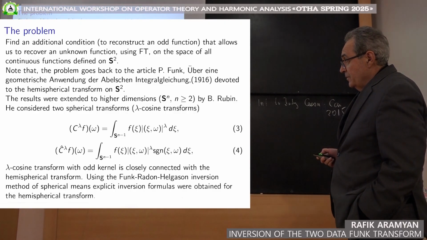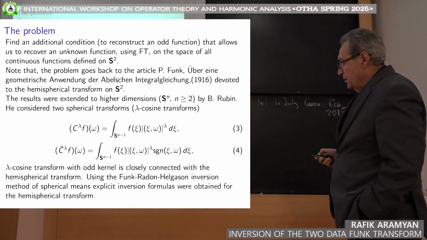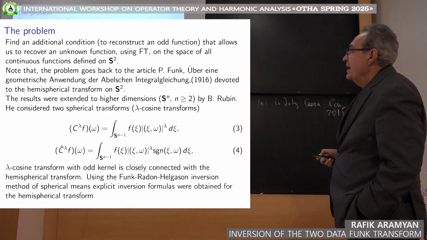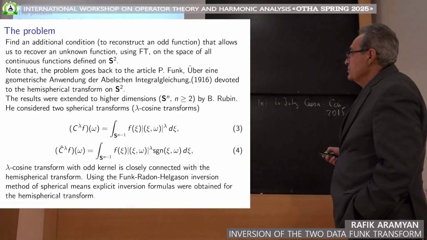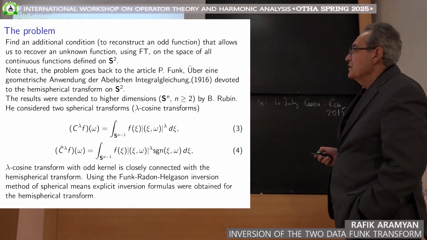He proved that the lambda cosine transform with odd kernel, the second one, is closely connected with the hemispherical transform.